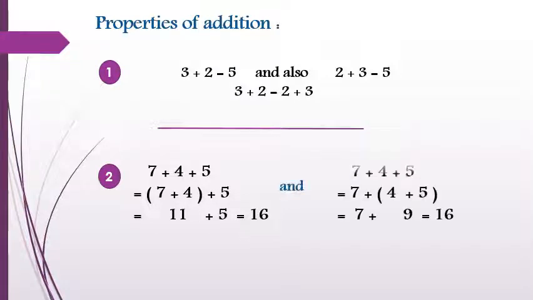And also I can put 4 and 5 between brackets and then add them. 4 plus 5 equals 9 and 9 plus 7 equals 16. So the addends can be grouped in any order and the result is always the same.